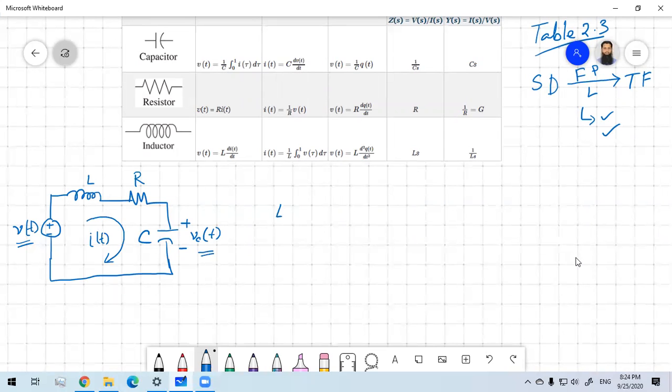So L di(t)/dt, which is the voltage across the inductor.